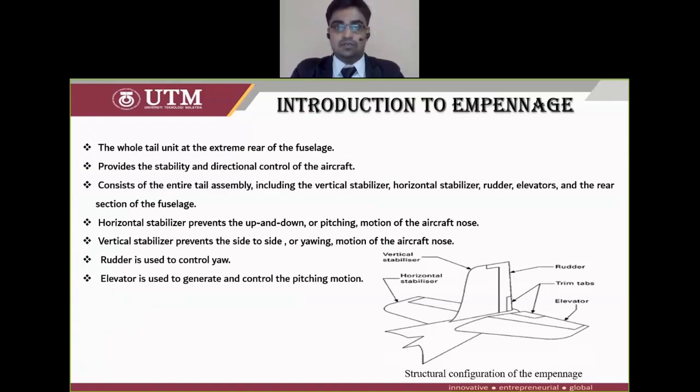Generally, the empennage is the whole tail unit at the extreme rear of the fuselage that provides stability and directional control of the aircraft.